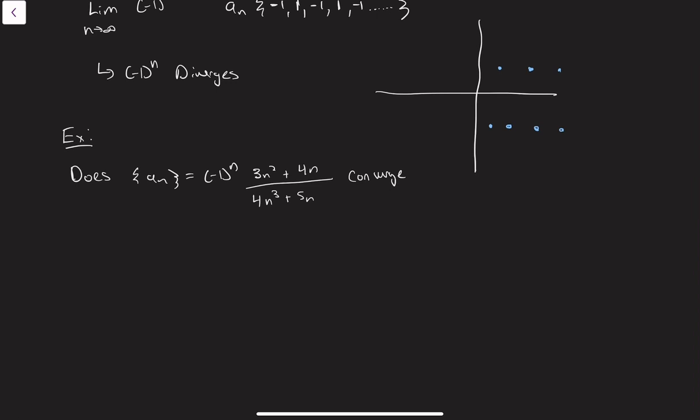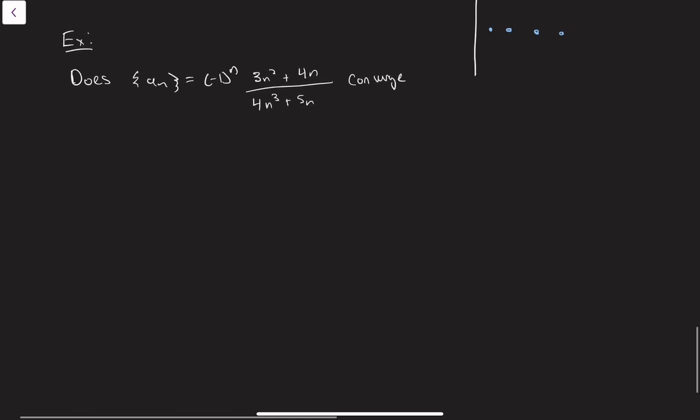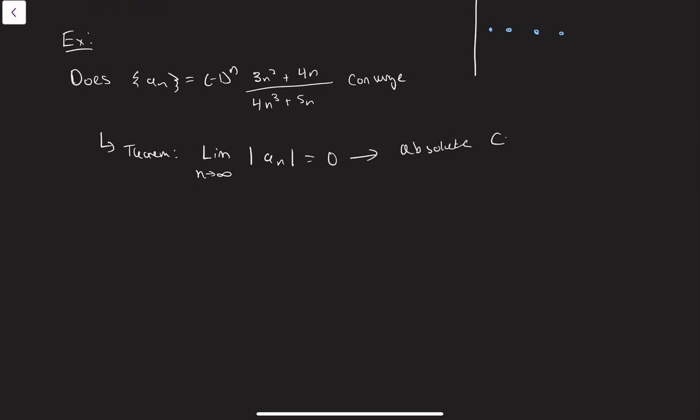Well, there's another property of limits that we haven't talked about, known as absolute convergence. So I can say the theorem: if the limit as n approaches infinity of the absolute value of a sequence is equal to 0, then the sequence converges to 0. This is known as absolute convergence.